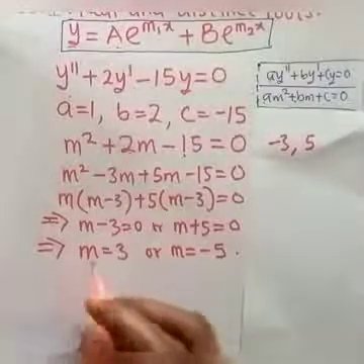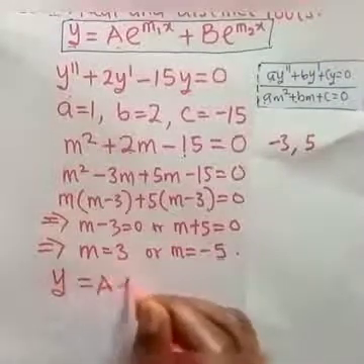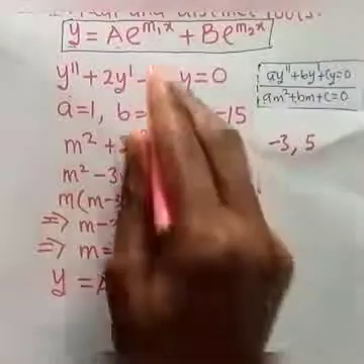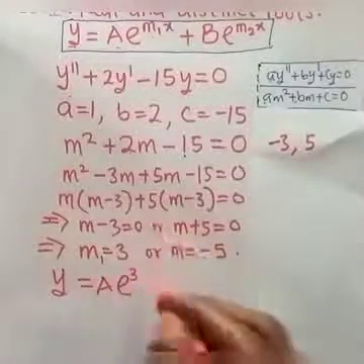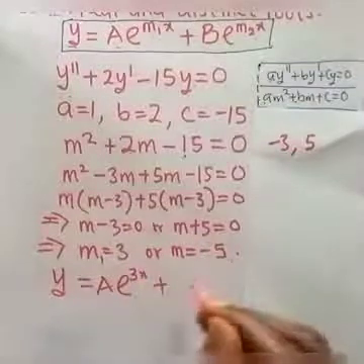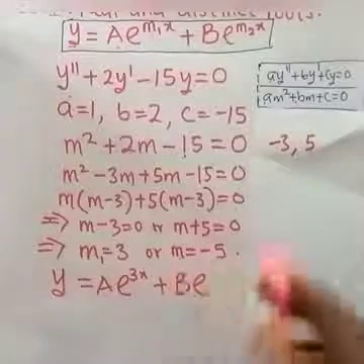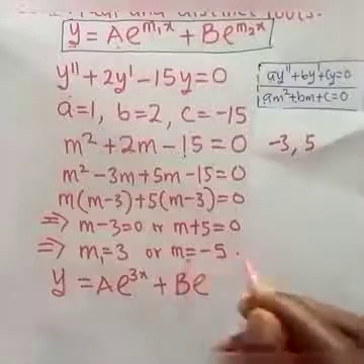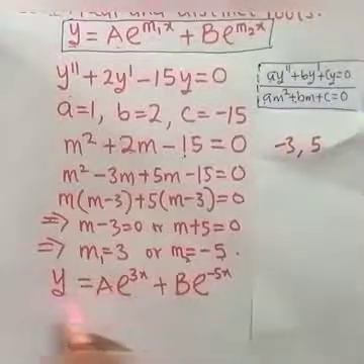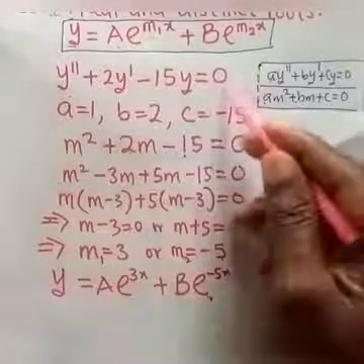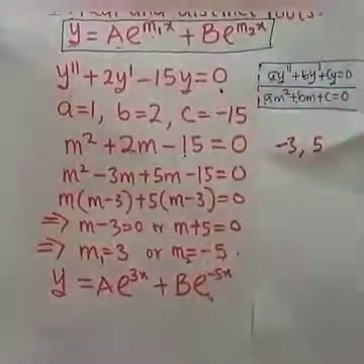So our general solution will be y = A e^(m1 x), where m1 is 3, plus B e^(m2 x), where m2 is -5. So y = A e^(3x) + B e^(-5x). This is the general solution to this second order linear homogeneous differential equation.